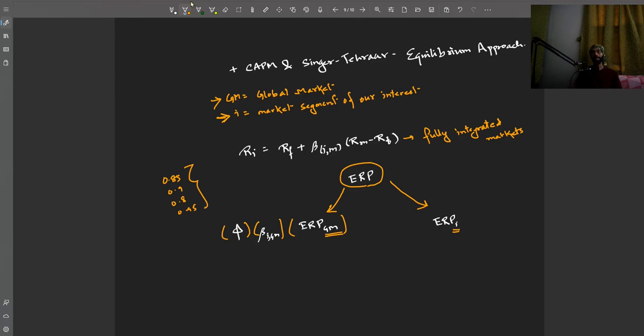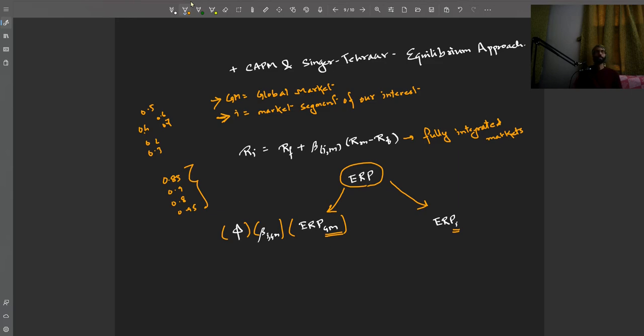If the integration is much lower, it can be 0.2, 0.3, 0.4, etc. If it's moderate, it can be 0.5, 0.6, 0.7, etc. So this is basically the degree of integration with the global markets that your market of interest has. This is represented by phi.